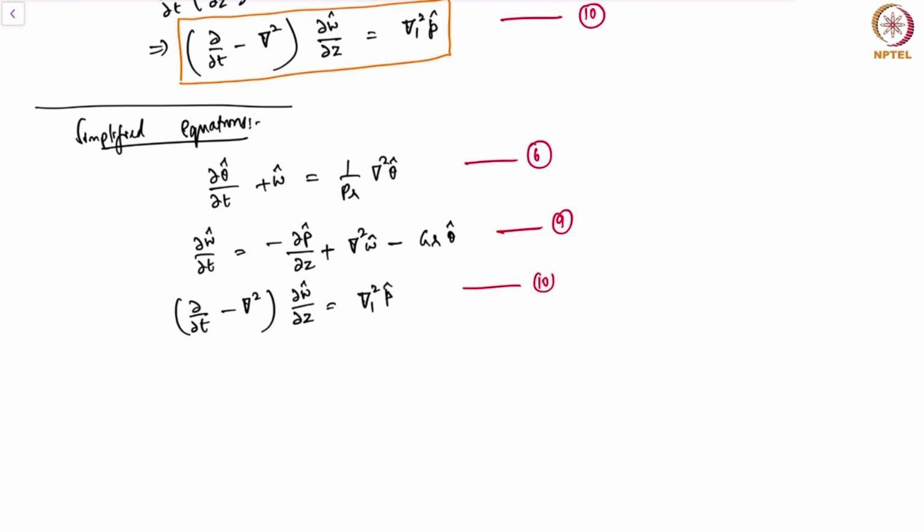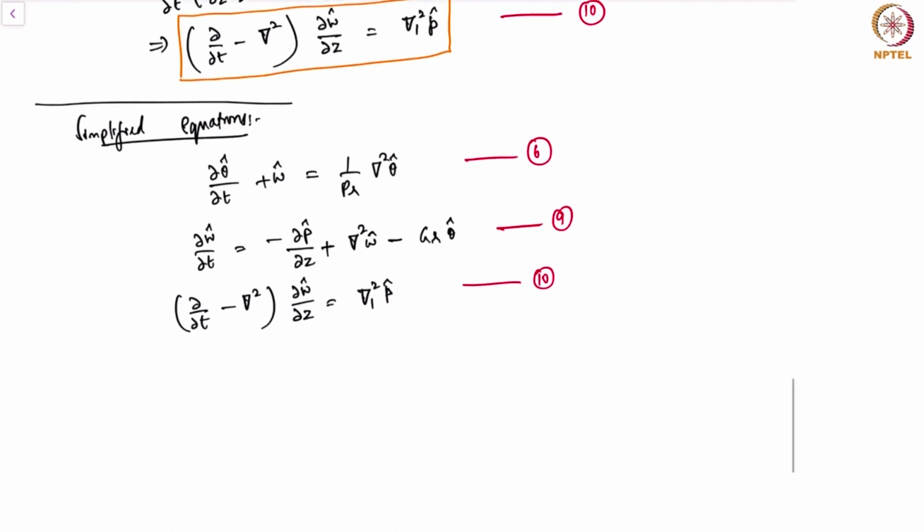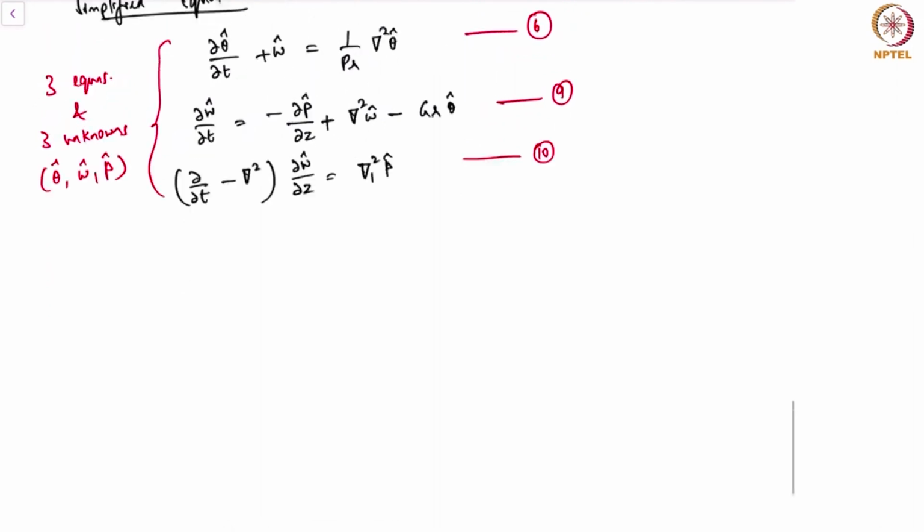This is our equation 10. So now we have 3 equations and 3 unknowns. Now the unknowns are theta hat, w hat and p hat. These are my unknowns.